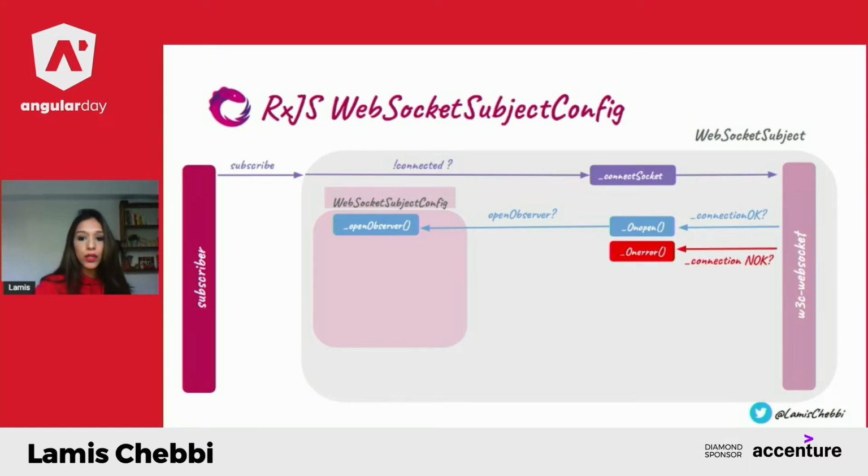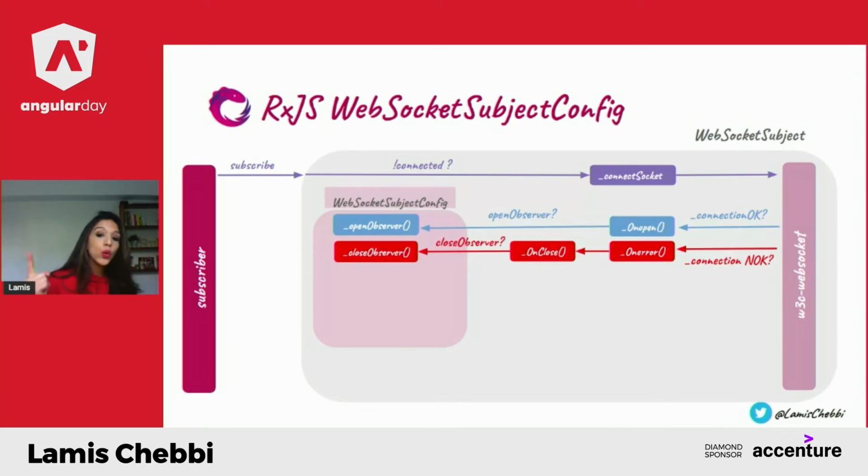If yes, it will be triggered. If no, nothing will happen. If the connection is not okay, then onError will be triggered. onError will call onClose, and onClose will check if you have a close observer custom function. If yes, it will be triggered. If no, nothing will happen.